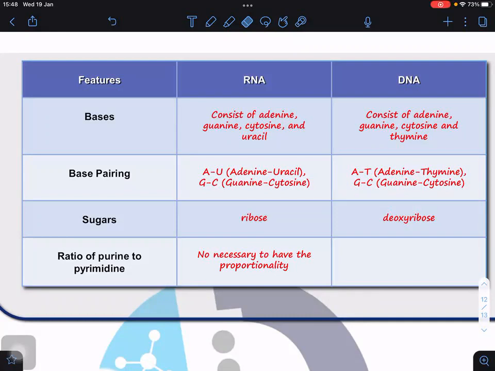So they do not need to be a 1-to-1 ratio between A and U, C and G. But in DNA, A must pair with T, C must pair with G. So the A and T ratio must be 1-to-1, and C and G must be 1-to-1. So it must be 1-to-1 in terms of the purine to pyrimidine ratio. Therefore, only then can we maintain this parallel property of the DNA.